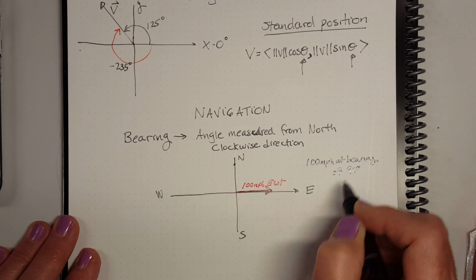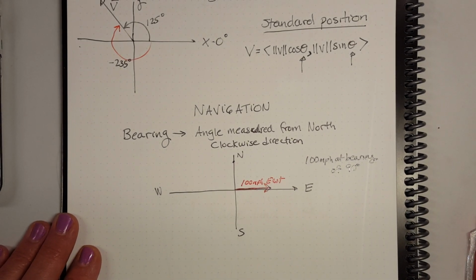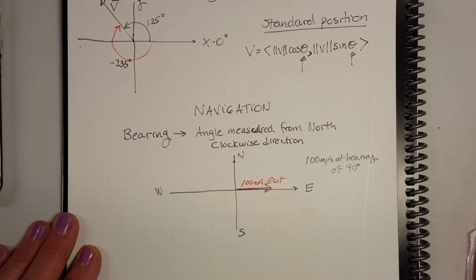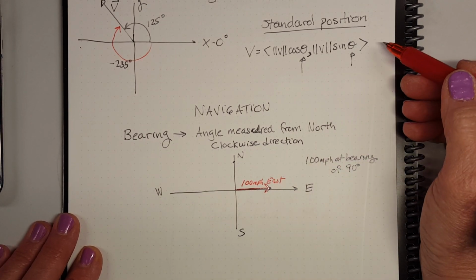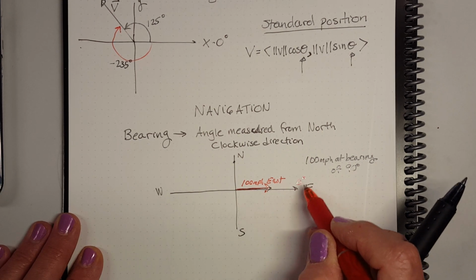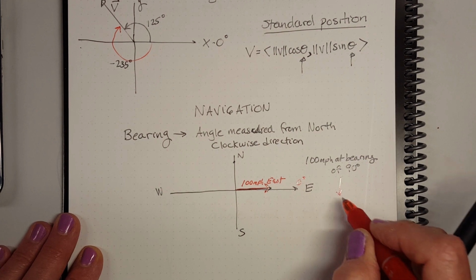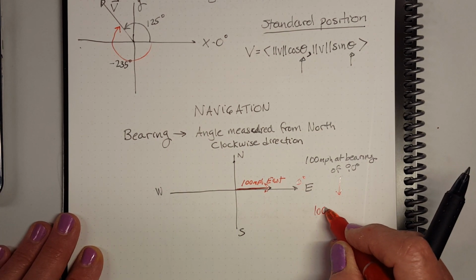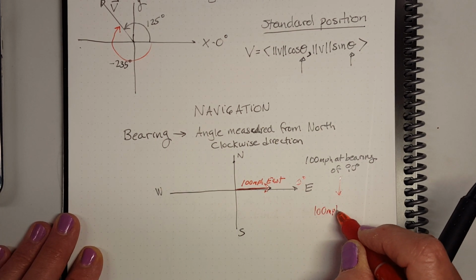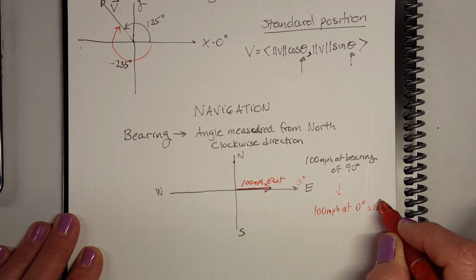Ships use bearings as well. That is not standard notation for our angle. In our math notation, standard position means that this is the 0-degree line. So 100 miles per hour at a bearing of 90 degrees is the same as 100 miles per hour at 0 degrees in standard position.